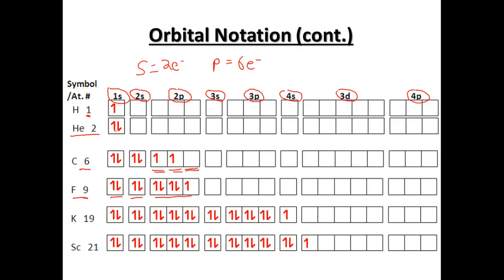Helium, 2 electrons in the 1s orbital. Carbon, 2 electrons in the 1s, 2 electrons in the 2s, and then 2 electrons in the 2p orbital. And then we're going to look at fluorine, potassium, and scandium next, so you can just jump back in your notes, but I won't jump back after this point.